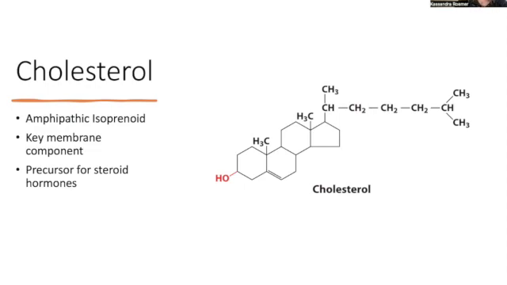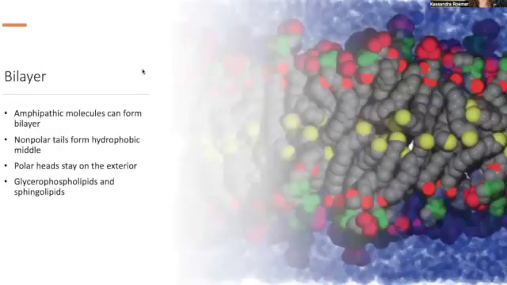I'll talk about the importance for membrane structures in a second. So, as I already mentioned, amphipathic molecules can form a bilayer, with the nonpolar tails forming the hydrophobic middle part, that core center, and the polar head groups staying on the exterior portion of the bilayer.